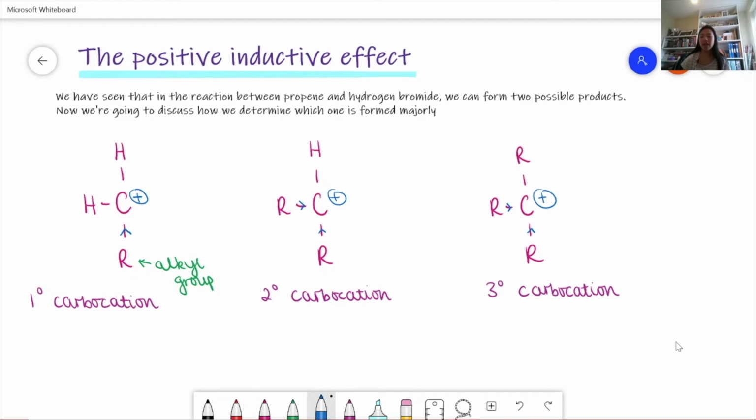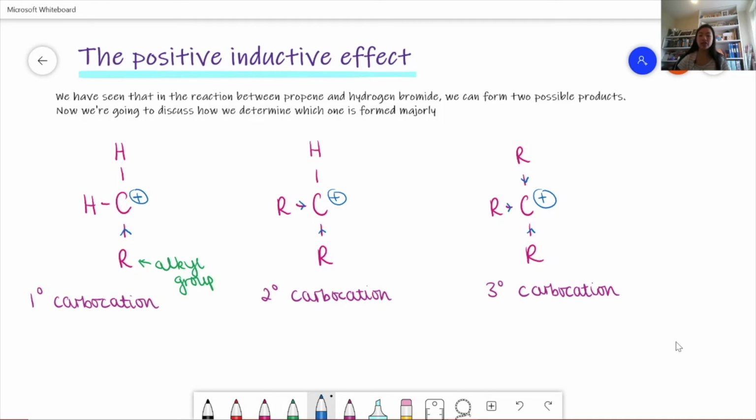And what this does is it makes this carbon with a positive charge a lot more stable, and so that carbocation is more stable. And so from this we can see that the tertiary carbocation is the most stable because we have more alkyl groups which are releasing electrons onto this carbon with a positive charge.